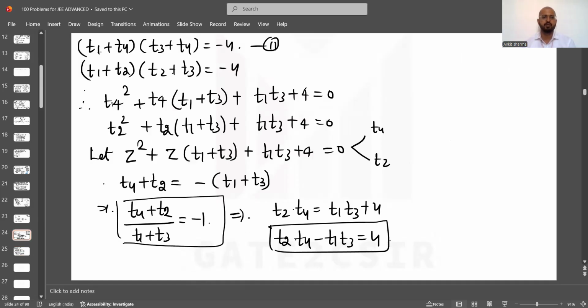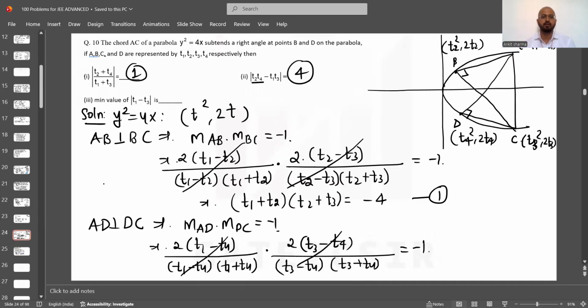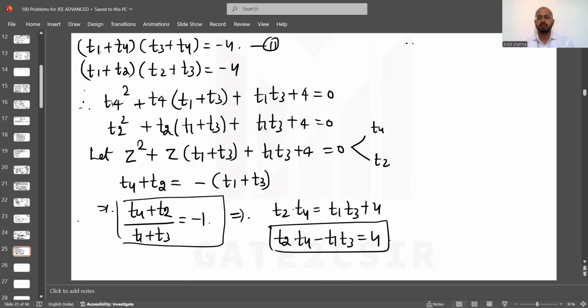Second answer would be 4. Now we need the minimum value of (t1 minus t3). Since if I consider this equation, t2 and t4 are real, that means the discriminant here should be what? b square minus 4ac.